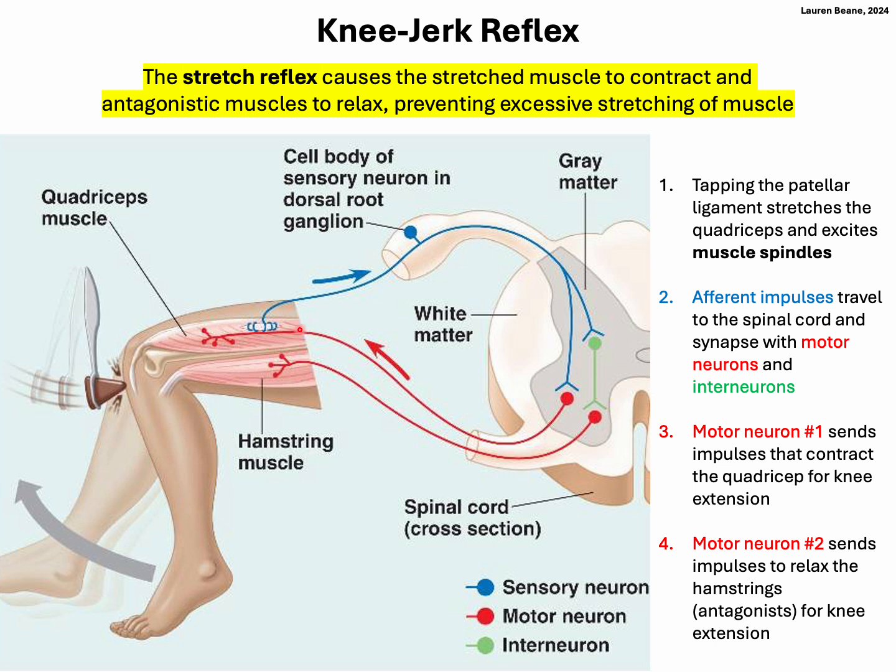One of the motor neurons is going to the quadriceps to cause contraction, to prevent excessive stretching of the muscle. The other motor neuron is going to the hamstring, the antagonistic muscle group, for further enabling that knee extension or further enabling the quadricep to contract. So the whole goal here is to prevent that excessive stretch of the muscle.